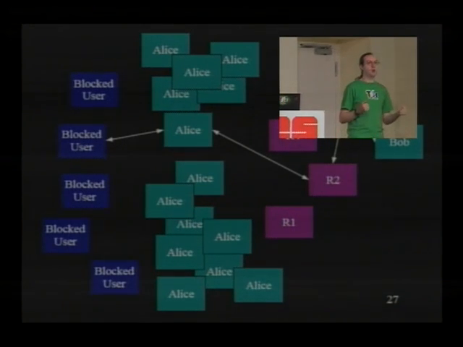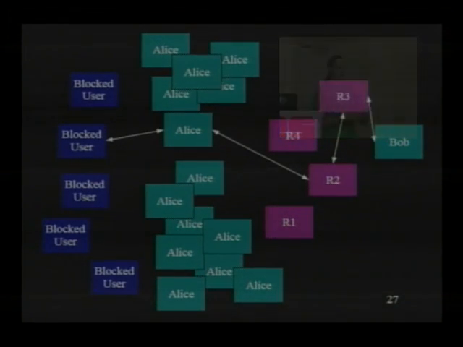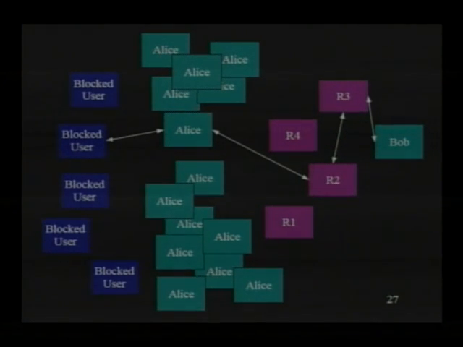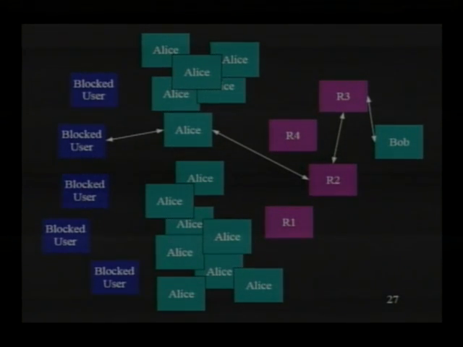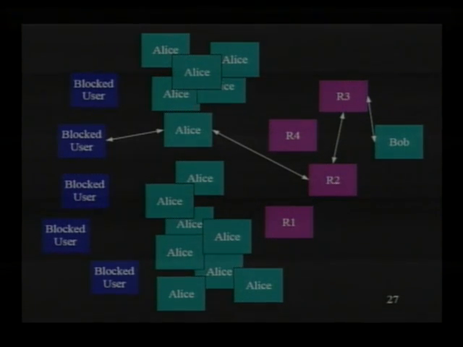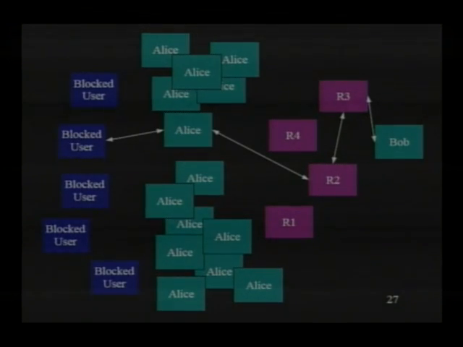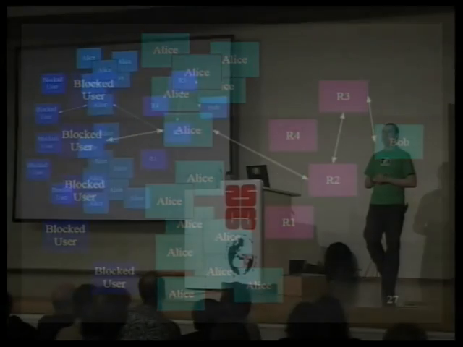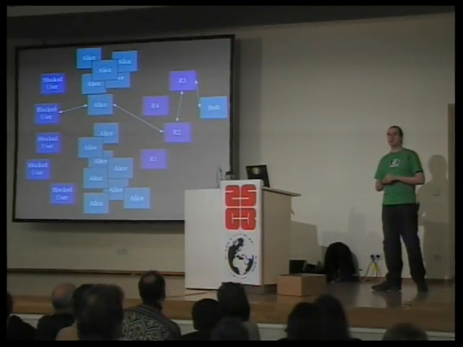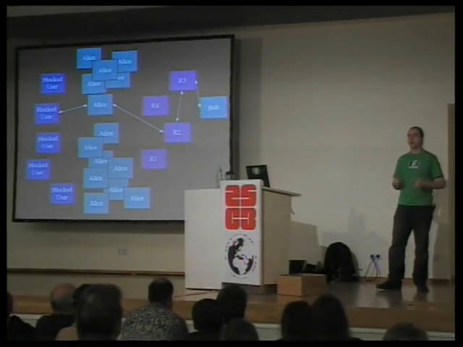So now we've changed the problem from how do we keep 1,500 public IP addresses out of the hands of the Chinese government, which is an impossible problem, to how do we collect 10,000 or 30,000 bridge relay IP addresses from Tor users who want to help out? How do we collect those 20,000 and give them out one at a time to the good guys without letting the bad guys learn all of them? And that's still a tough problem, but it's a little bit of a more straightforward arms race.